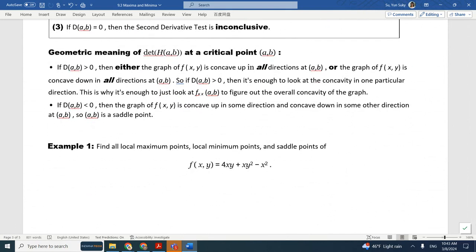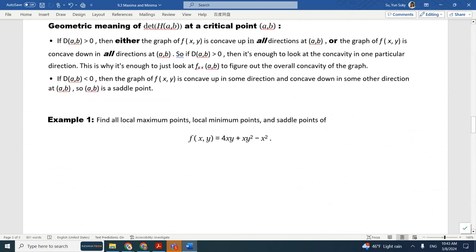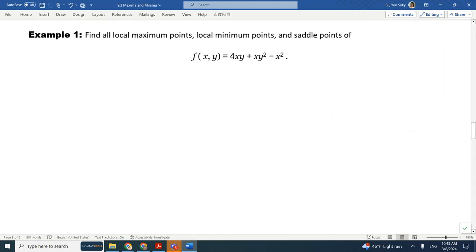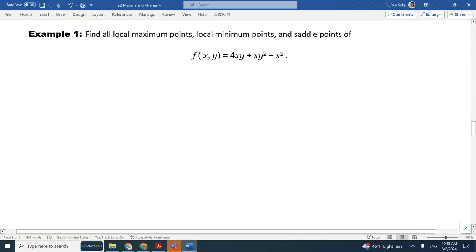Everybody understand so far? Okay, we learned long theory. Now, example. How do we do that? The first step is to find the critical points. So fx, fy. What is fx? Mackenzie.